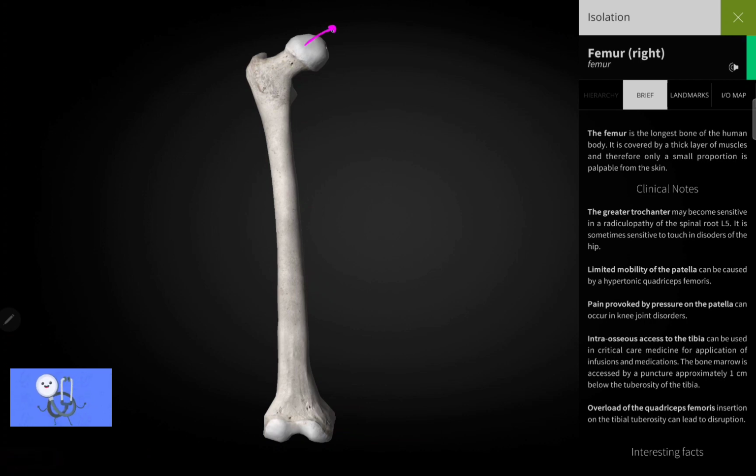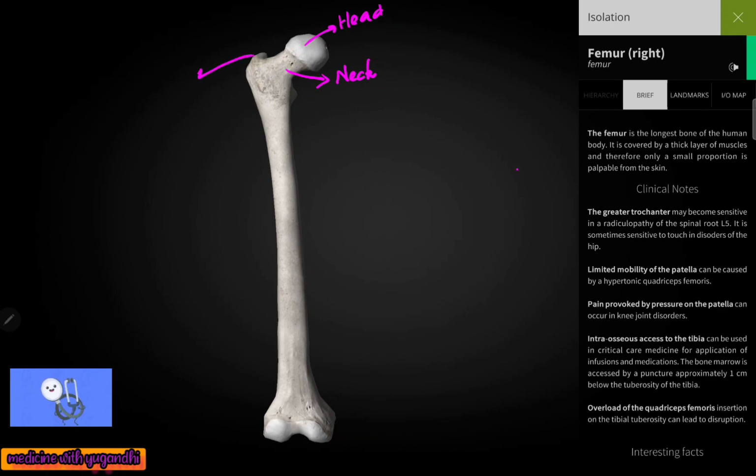Here you can see the head of the femur, and this is the neck. And here you can see the greater trochanter, and this is the lesser trochanter.